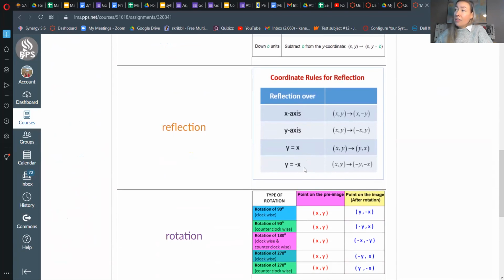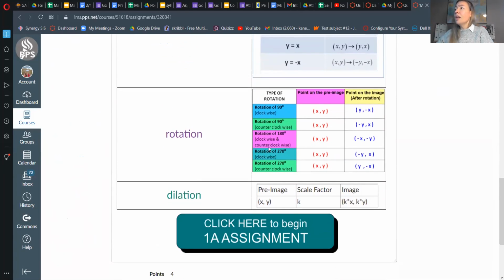Even if you don't graph any of these, if you're very good at moving x values and y values around, you can also do it algebraically. And then the rotations, like we just did rotation 90 degrees clockwise. We did this first one, and notice it's the same thing that we got. x and y get swapped. It goes y to x, and then we change that sign on the x. So if you need to look those up, feel free to look those up while you're taking the quiz. And I hope this video helps.